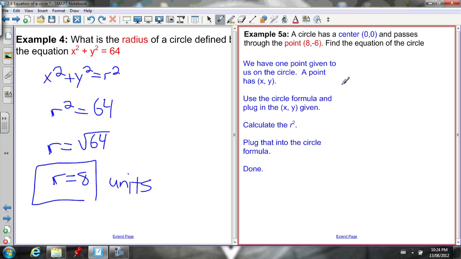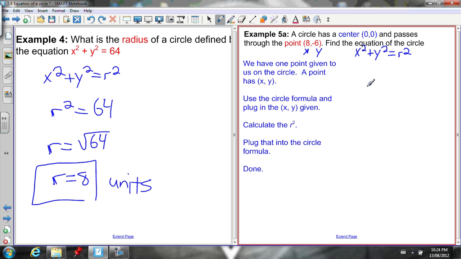We know every circle centered at 0, 0 has the equation x squared plus y squared equals r squared. And it tells us it passes through the point 8, negative 6. So I know the point. I know every point has an x and a y coordinate. So I know the point 8, negative 6 is on the circle. So we have one point given to us on the circle.